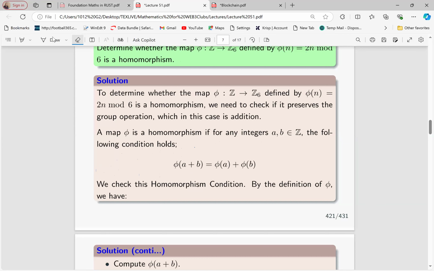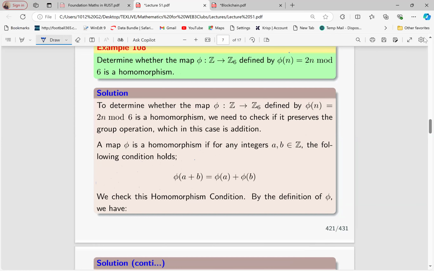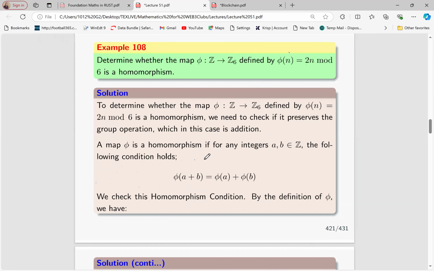Now, let's do this question. The question was to determine whether these are homomorphisms. I just used the earlier one as an example to show that, but now I want us to do the question. We want to check whether it preserves the group operation, which is addition in this case.